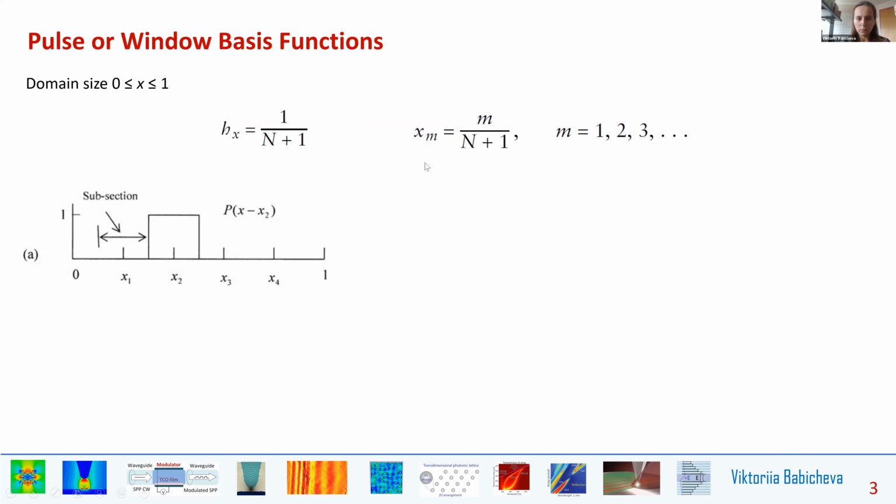And then they are also centered about the point xm, which we define as this, right? So m spans 1, 2, 3, and we have these subsections.